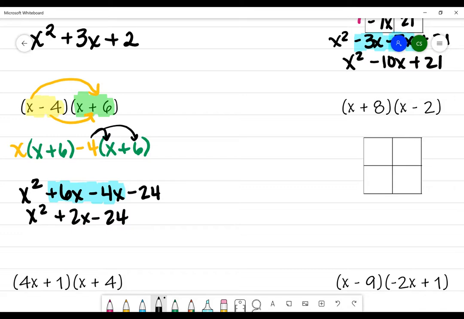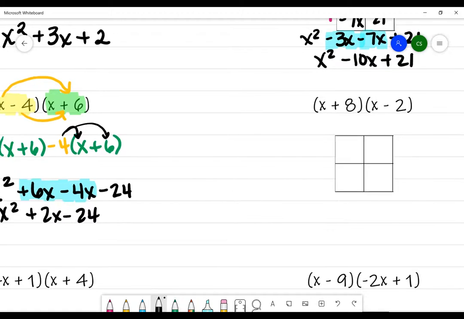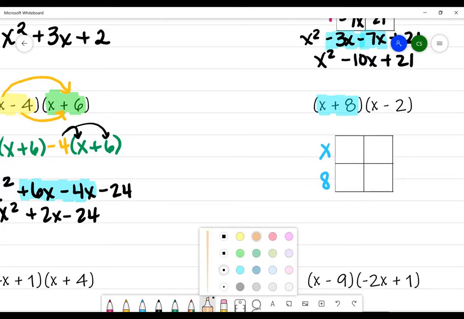All right, let's use the box method one more time so you can get a better visual. x plus 8 and x minus 2. Remember, one of my polynomials goes down, and it doesn't matter which way you do them. And the other polynomial goes across.